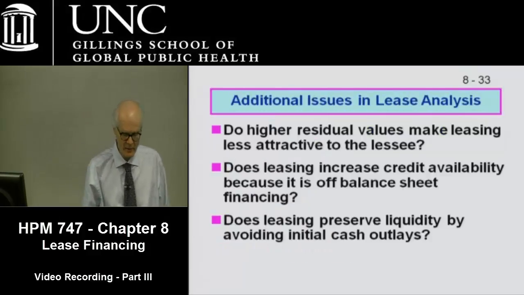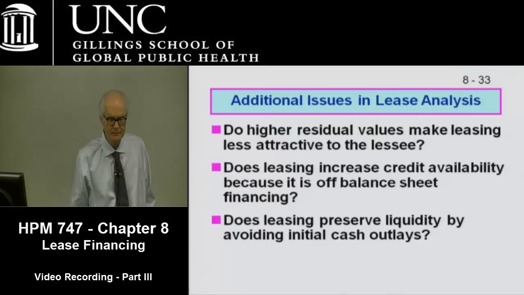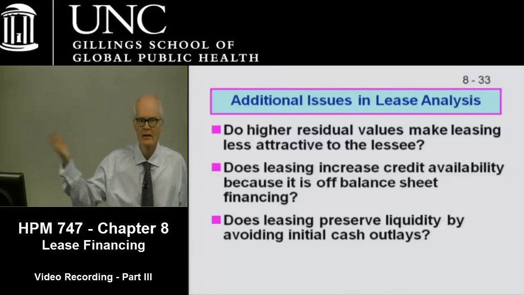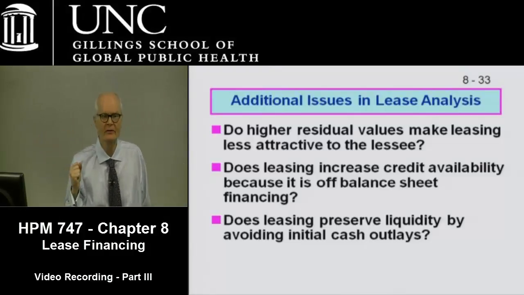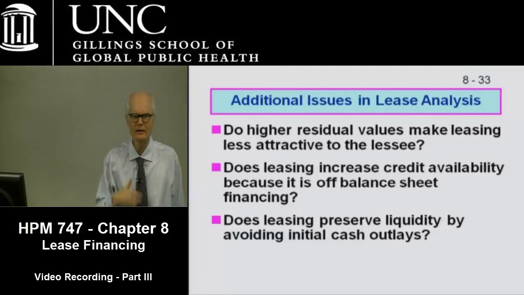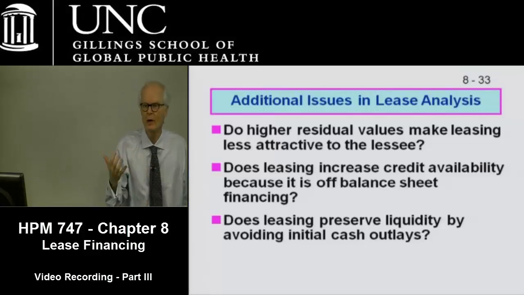There are 3 kinds of myths in the lease analysis. Sometimes, higher residual values. If you know that you're going to be able to sell that asset for $500,000 instead of $100,000, that would make leasing less attractive. That's a myth. Why?